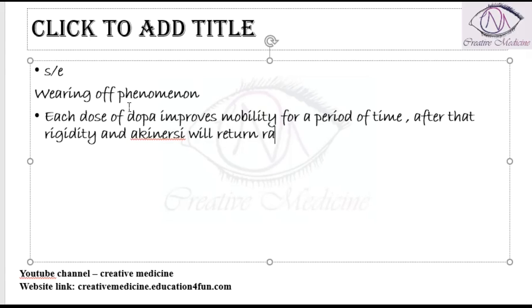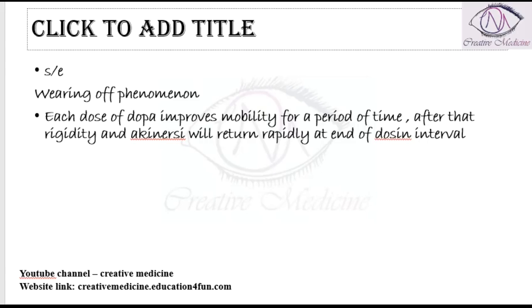This is called the wearing off effect. So the rigidity and hypokinesia present in the person will return rapidly to their original state at the end of the dosing interval. Okay, this is wearing off phenomenon.